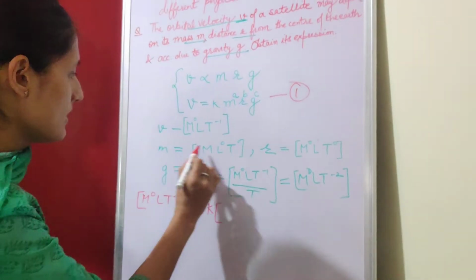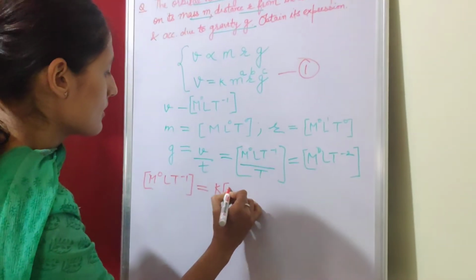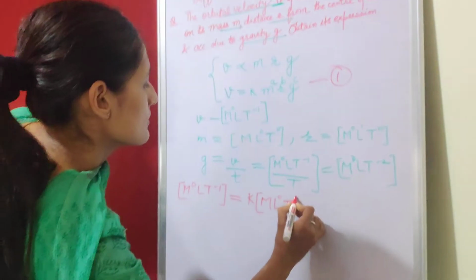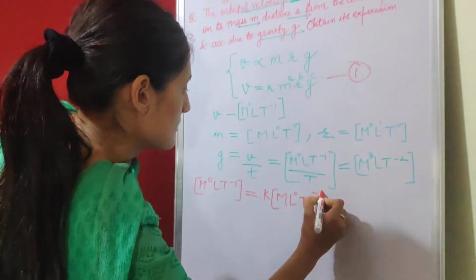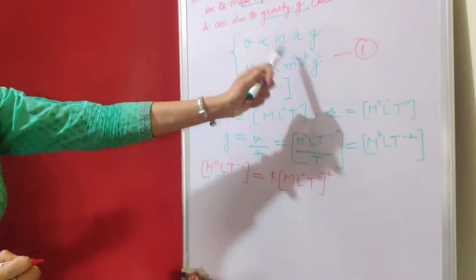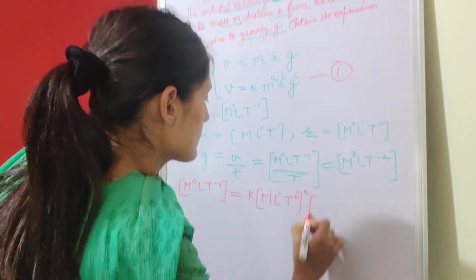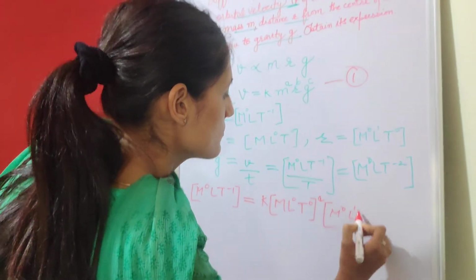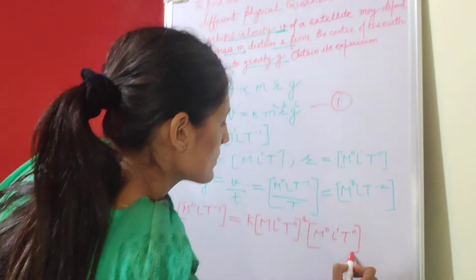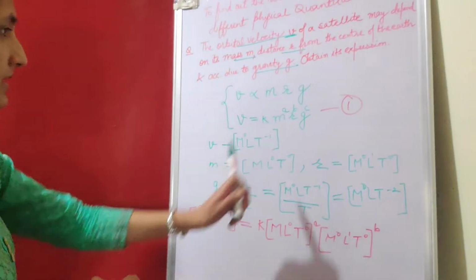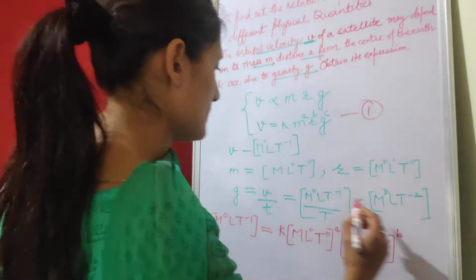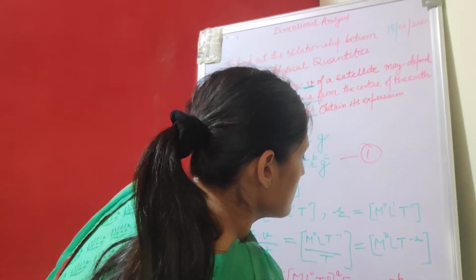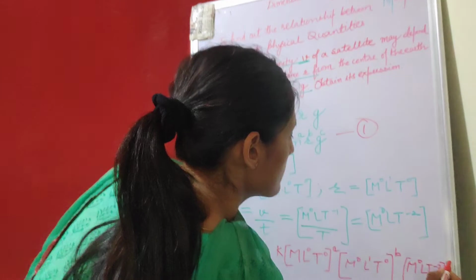Mass is M, that is M L0 T0, raised to the power a. Now second is distance. Distance is M0 L1 T0 raised to the power b. And acceleration due to gravity is M0 L t minus 2 raised to the power c.